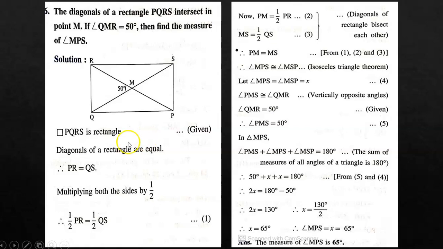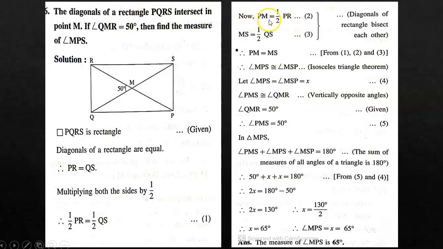This is given information. We know that diagonals of rectangle are equal. Therefore, PR is equal to QS. Now let's multiply both sides by half. So I get half PR is equal to half QS. I'm going to name this statement as statement 1.